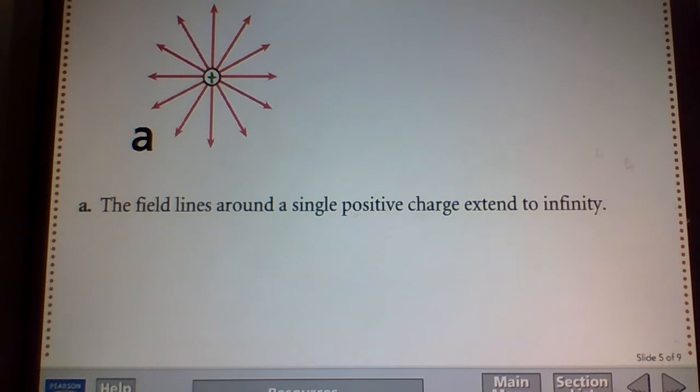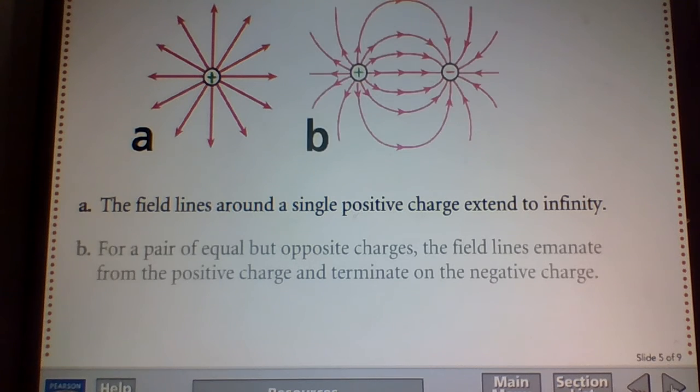So when we have a positive charge, that positive charge would be pushing away a positive test charge. So our vectors would be going away. And then when we have a positive and a negative charge, we always have the field lines moving from the positive to the negative, as the arrows show there.